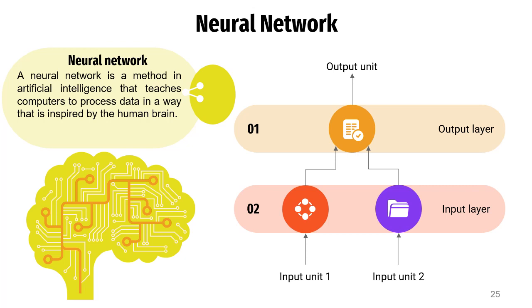We all know that the human brain contains millions and billions of neurons which communicate with each other by sending electrical signals. That same thing is mimicked by the concept of a neural network inside the computer.